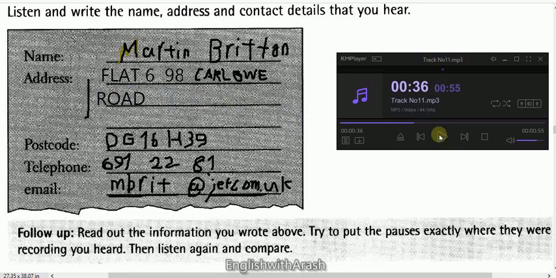The last part. Middleton, postcode DG16H39. Middleton? What is that? Can you spell it for me? Listen again. Carlowe Road, Middleton.